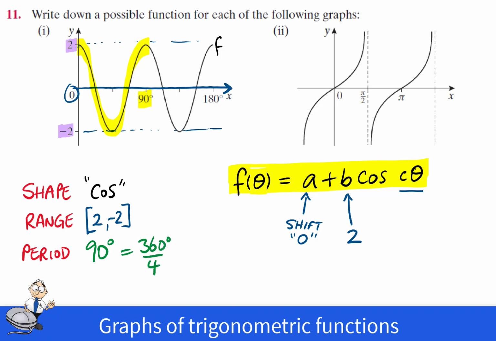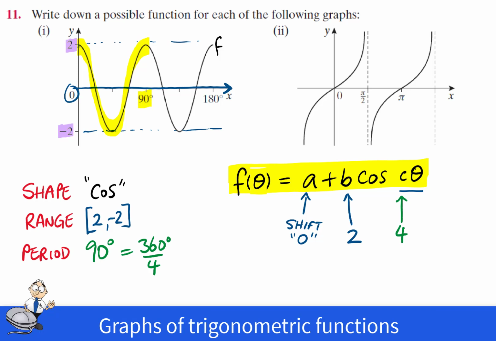So the period is happening 4 times quicker. So that's what my multiple c is. c is 4. It's because the frequency has been increased by a factor of 4. So to get the period, we'd divide 360 by 4. So my c value is 4.